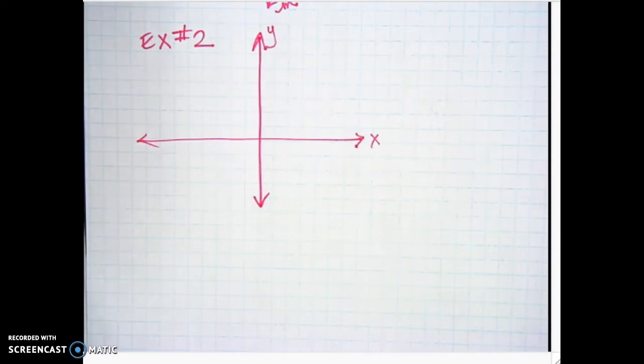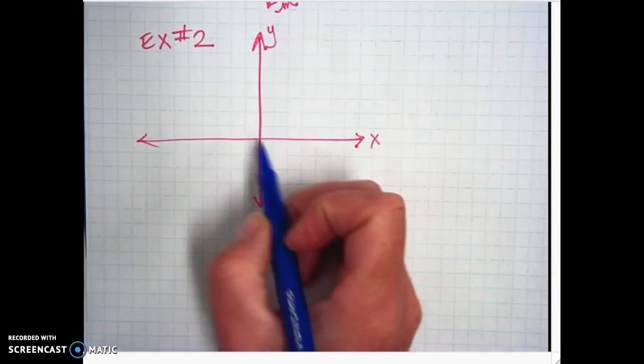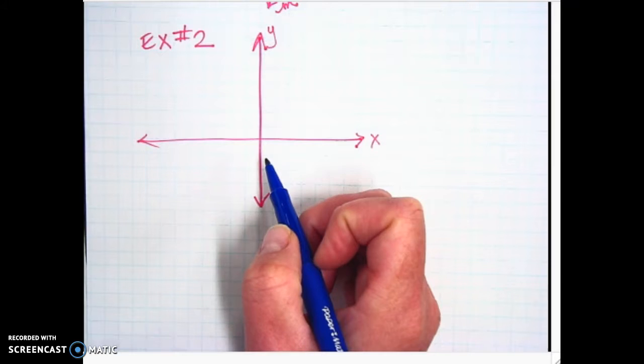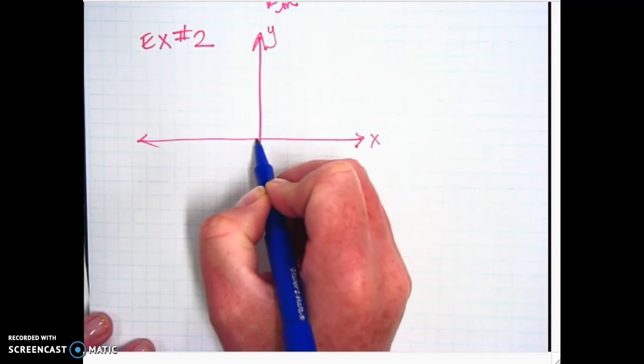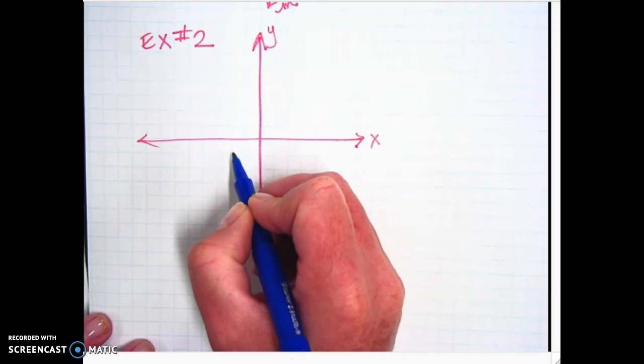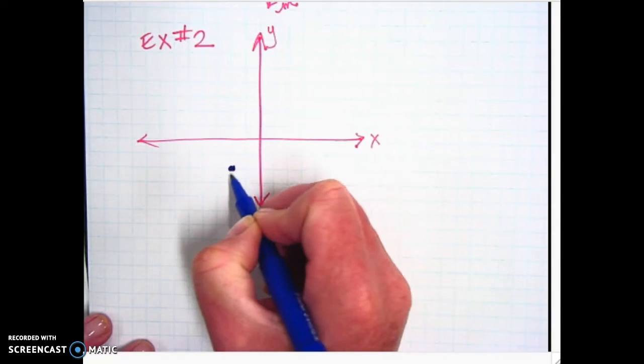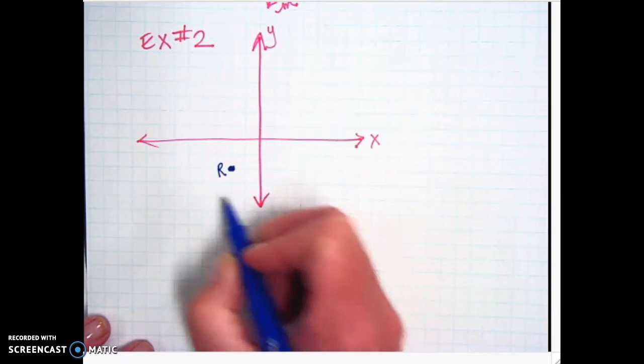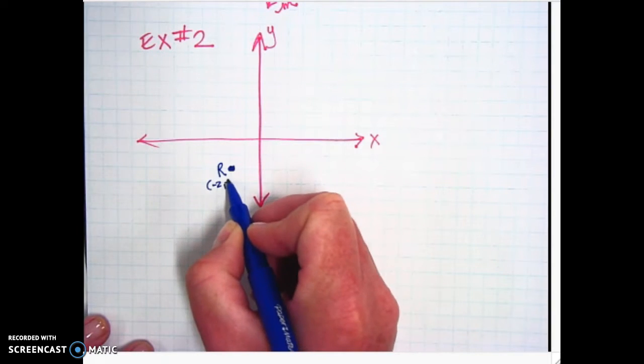We're going to draw 2 circles in here. So the first one is going to have a center at -2, -2. So if you go 2 to the left and then down 2, we're going to call that point R. It's at -2, -2.